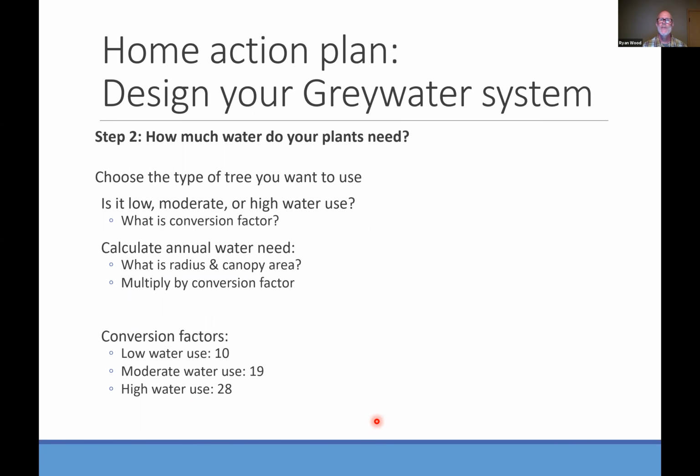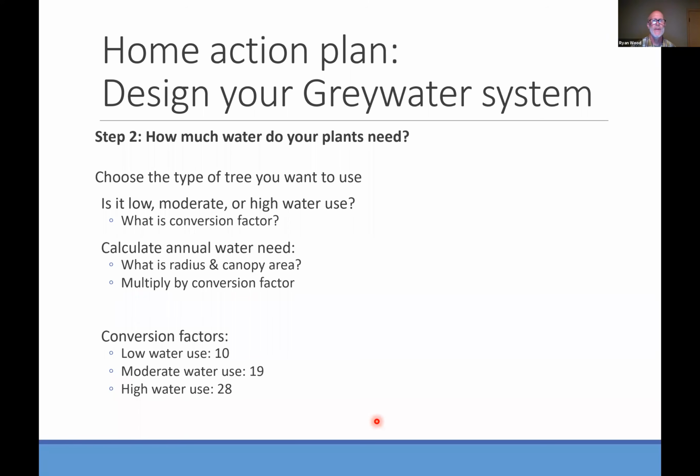And if you're not sure how much water this tree needs, do some research behind it. If it's one of our low to moderate, you may even find it in the Arizona Municipal Water Users Association's plant guide. On the plant guides, they give a little drop, representing a very low or moderate water use plant.